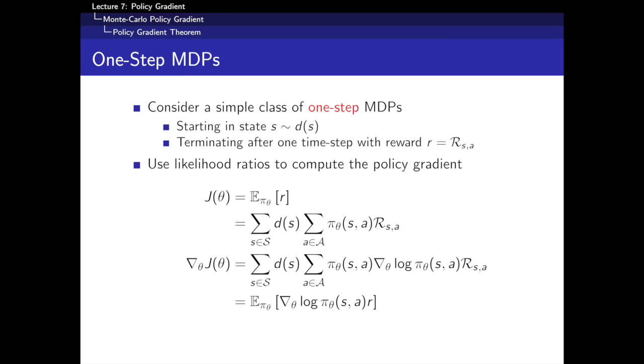And so our objective function is just the expected reward under our policy. So we want to find the parameters which give us the most expected reward. And so we want to find the gradient of this and ascend it, which will give us more expected reward.